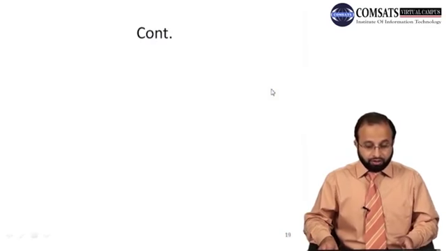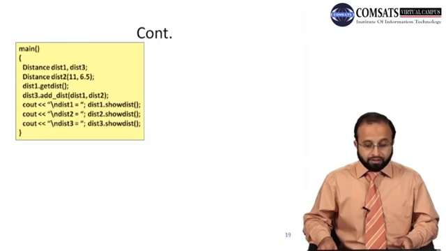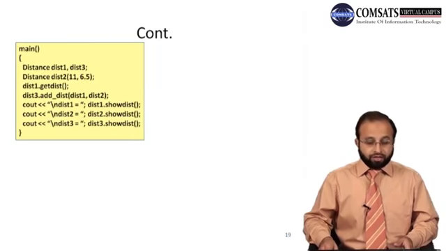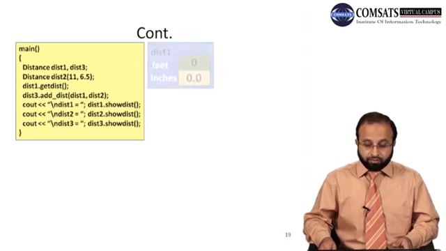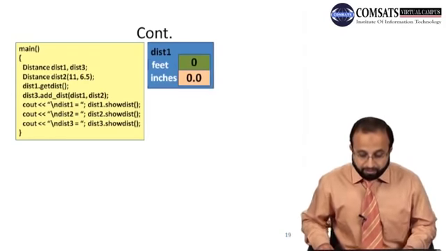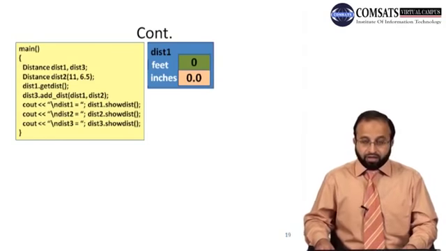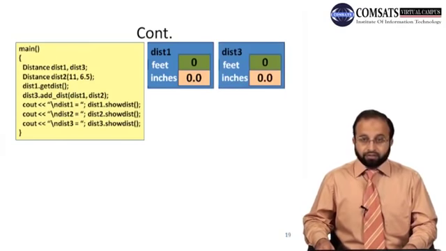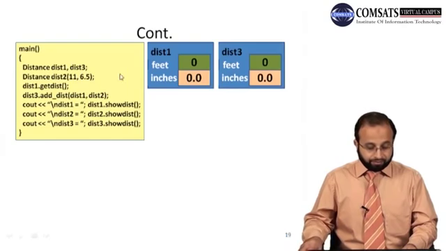Let me show you a simulation. So this is the main function. The first statement is the creation of two objects, that is dest1 and dest3. So these two objects are created inside the memory, and they are initialized with the value 0 and 0, and this is the dest3 object, right? And then the second statement.